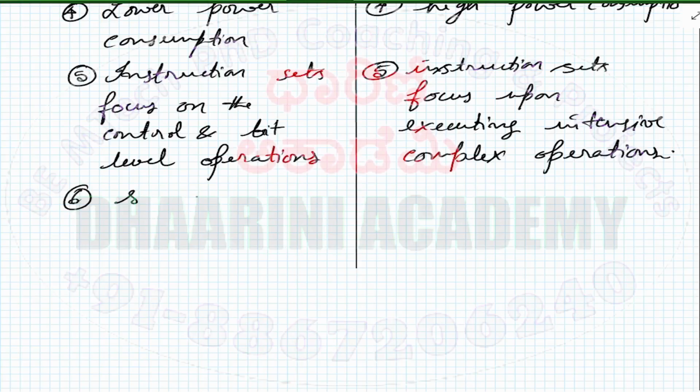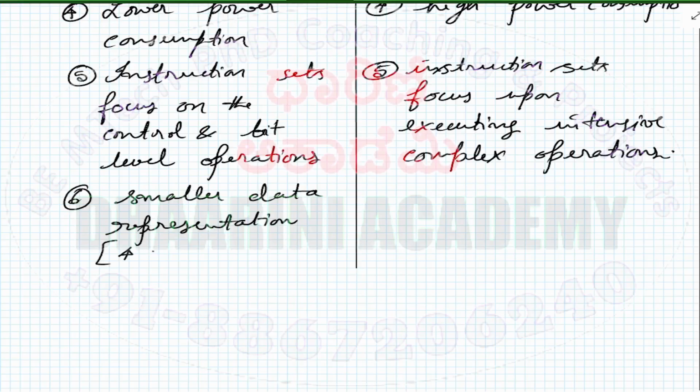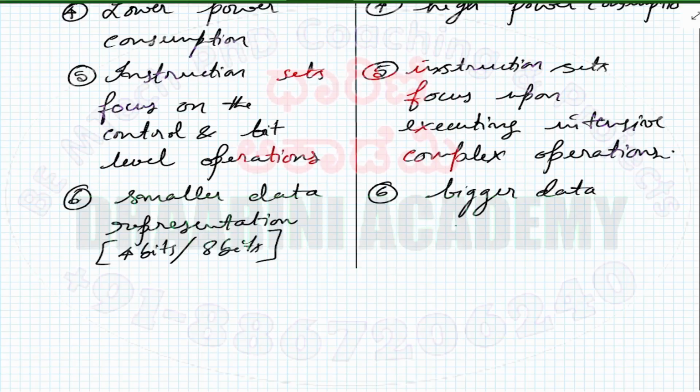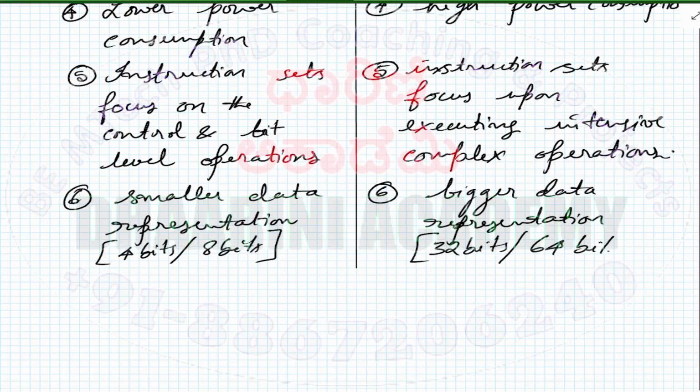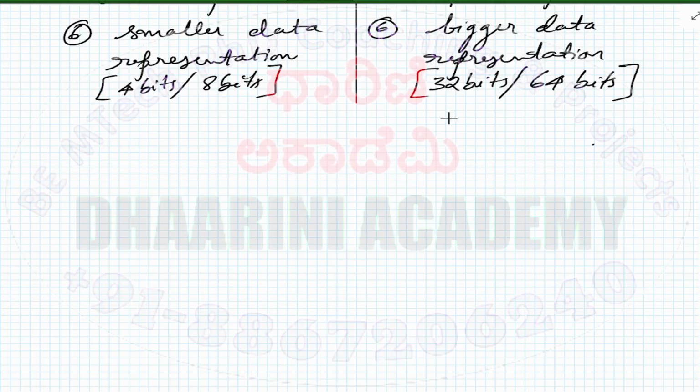We'll write smaller data representation, in brackets 4 bits or 8 bits, maybe even 16-bit exists, but it's limited to that. Whereas the processor uses bigger data representation, maybe 32 bits, 64 bits, etc. Right. Then let's go to the next one.